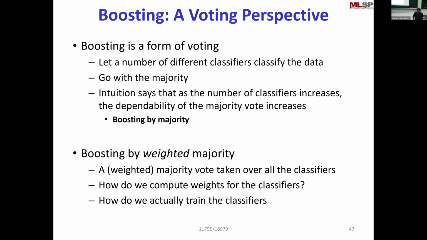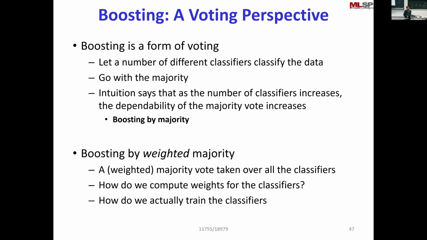So boosting is really a form of voting. It's a weighted majority vote, right? So you want to learn a large number of different classifiers to classify the data. And the key here is that they can be very simple. And you want to go with the majority. And intuition says that as the number of classifiers increases, the dependability of the majority vote increases. You'd expect things to follow this intuition.